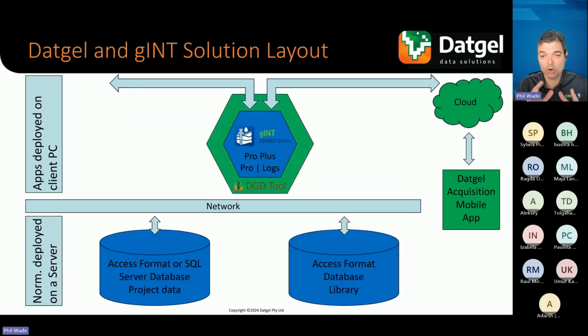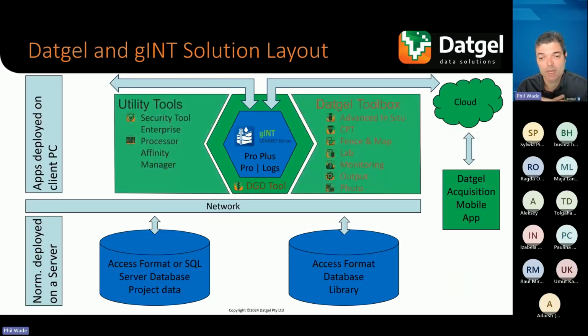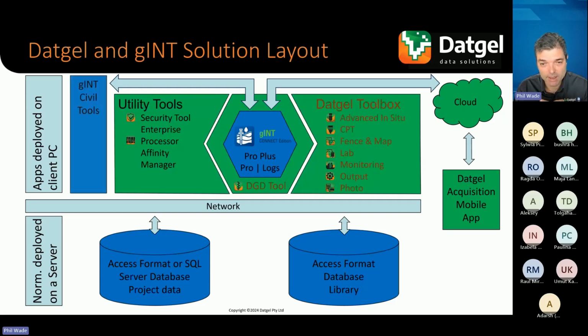So gINT is the core, as you can see in the middle there. The Datgel DGD tool add-in sits around that. That's our major product, most popular product. We have a number of other tools which make up the Datgel Toolbox, which we'll define a bit more later. Some utility tools, and the new Datgel Acquisition mobile app, which we'll touch on at the end of our talk today.